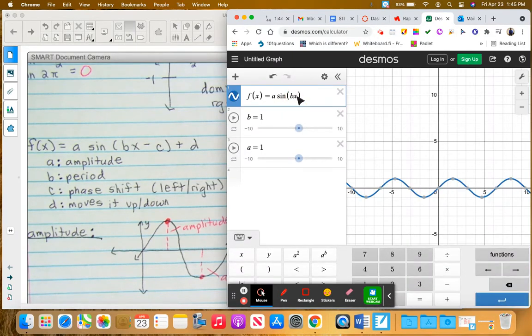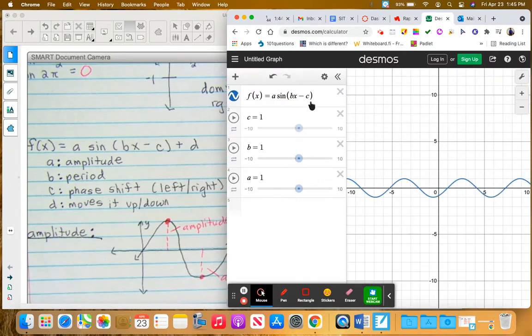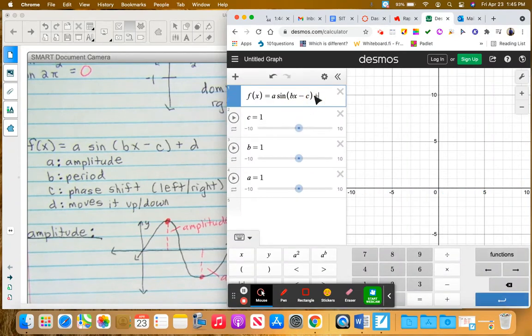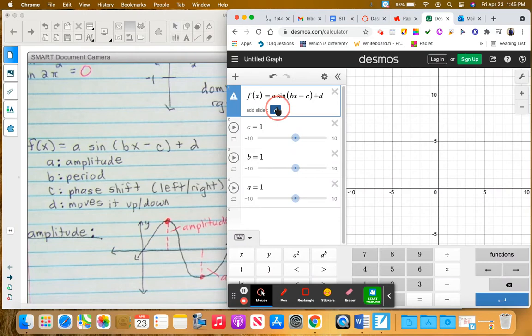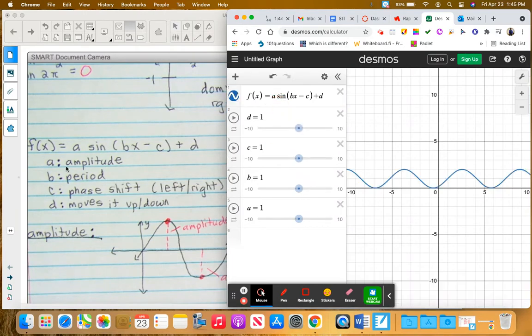Then I'm going to do minus C, add a slider here, and on the outside we're going to put plus D. So this generic form, A sine BX minus C plus D, is what I've typed in. I'm going to go through and press each of these so you can see the effect it has on my sine graph. Right now, I'm going to press play.